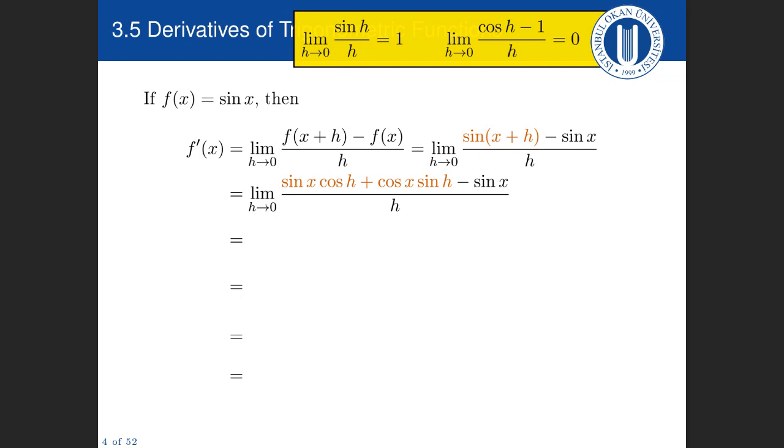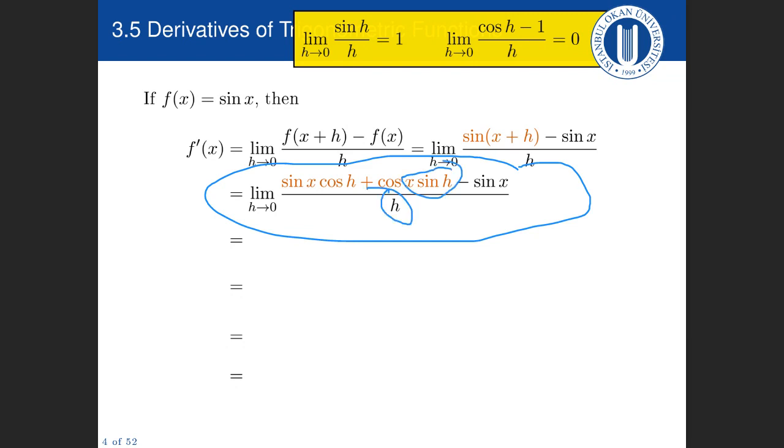The second and third formulae from the previous slide I've written in the yellow box at the top. Our aim is to use these two formulae. So our aim is to rearrange the limit that we have so that we can use the two limits that we already know. I want to have a sine h over h, and I want to have a cos h minus 1 over h.